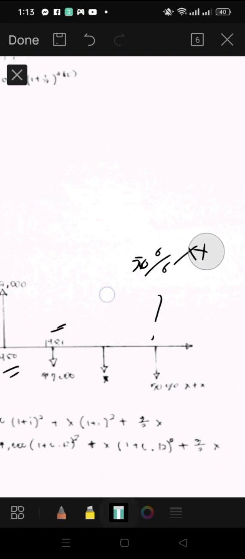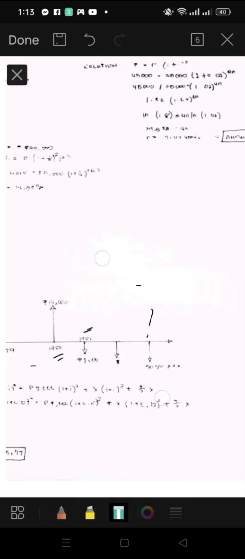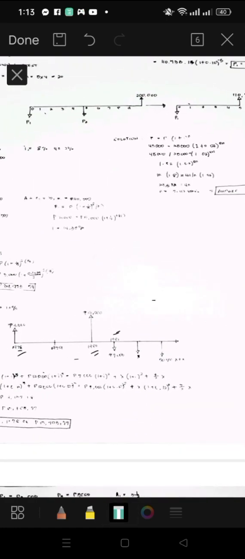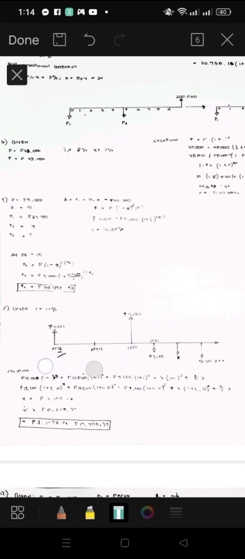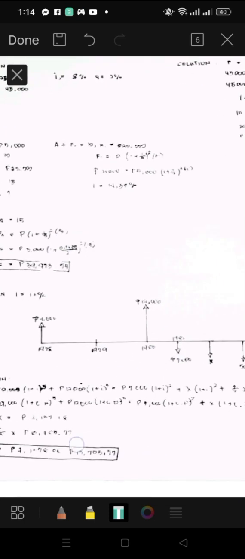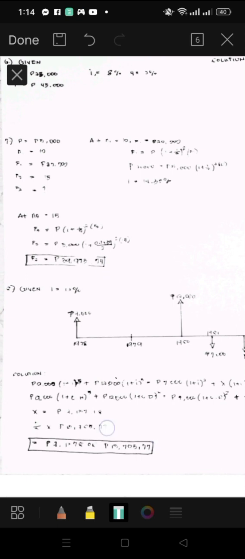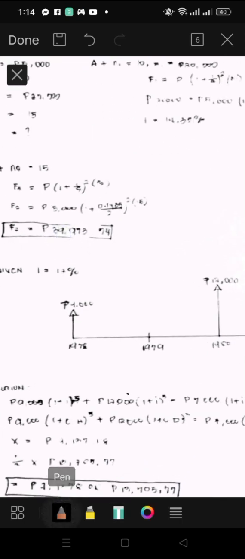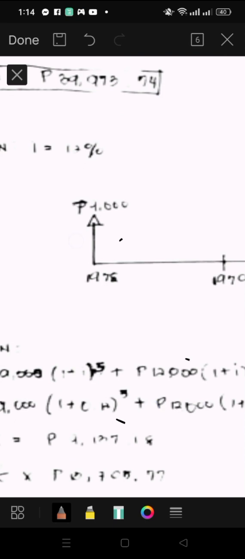So here is the solution using the formula of P. Let us use the formula of P, quantity 1 plus i raised to the power of 5, since this is a 5.